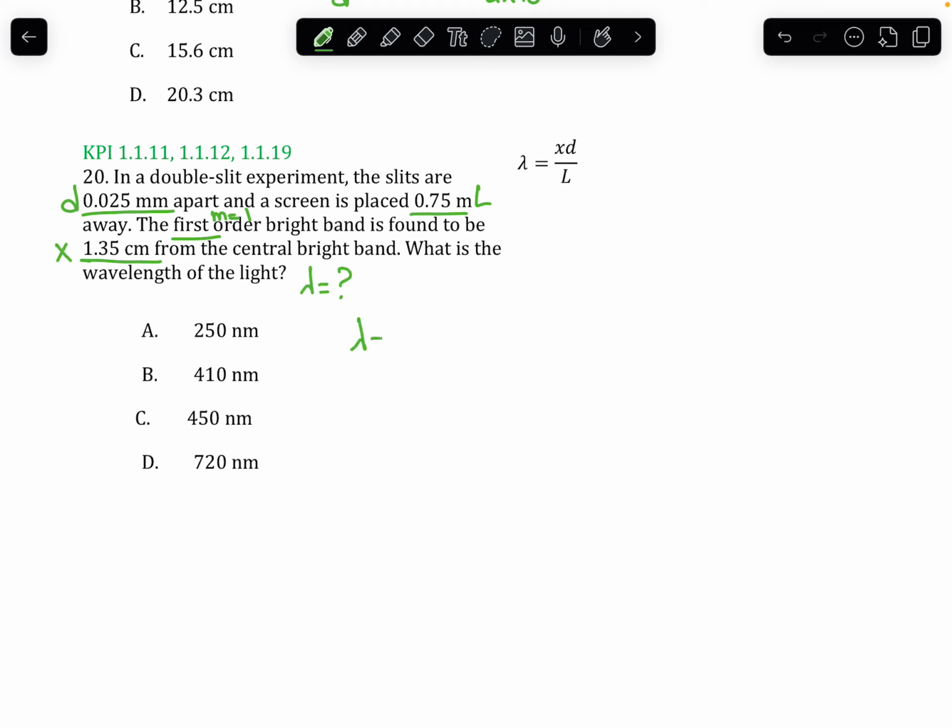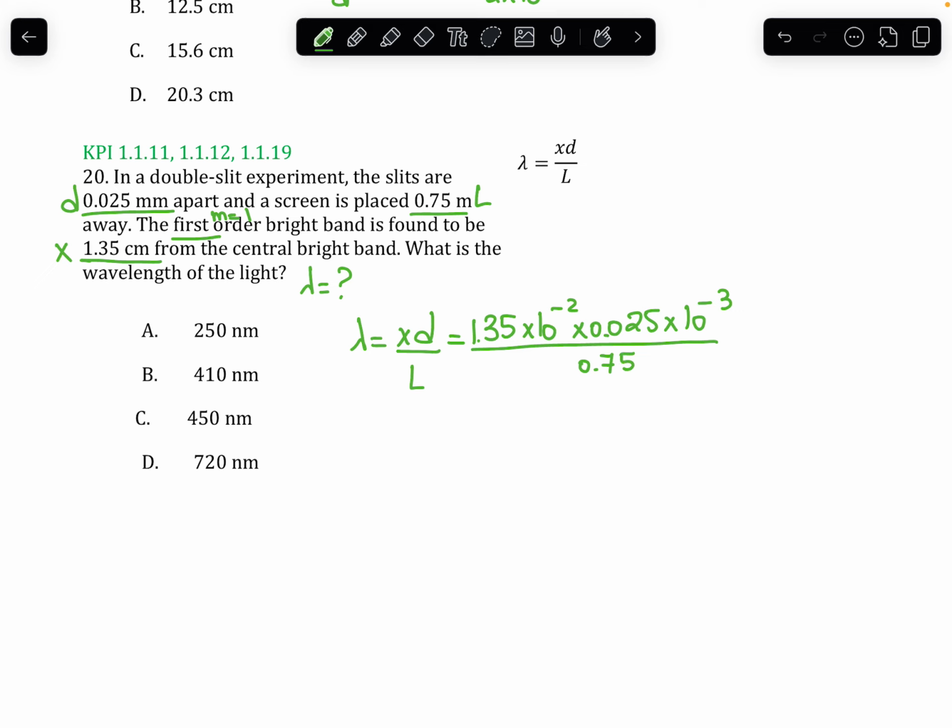So wavelength is XD over L, 1.35 times 10 to the power of negative 2, D is 0.025 millimeters, so 10 to the power of negative 3, over the distance 0.75.